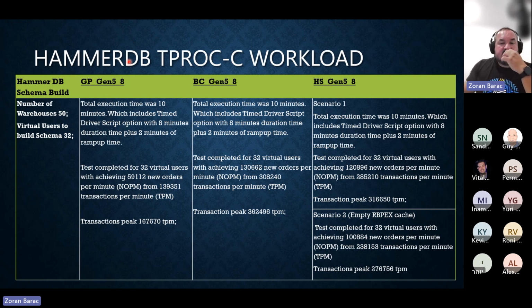This TPROC is just a transaction processing benchmark, derived from TPC, which is a standard specification. I use this to run against general purpose Gen 5, the vCore deployment, 8 cores, and business critical Gen 5, 8 cores, and the hyperscale Gen 5, 8 cores.